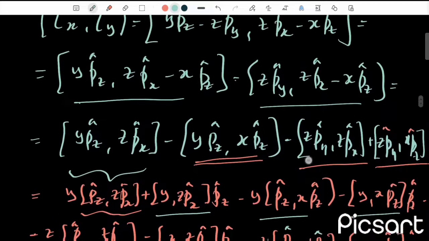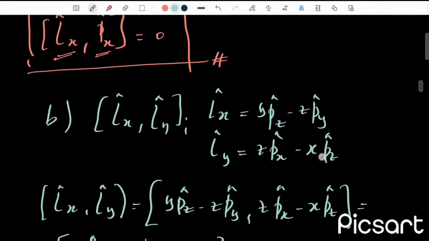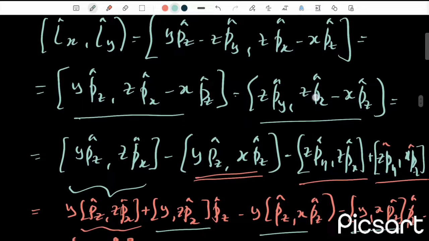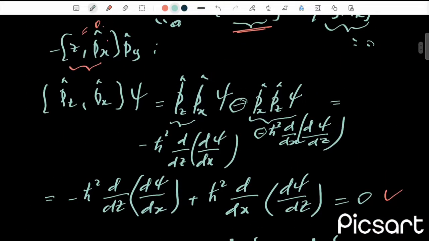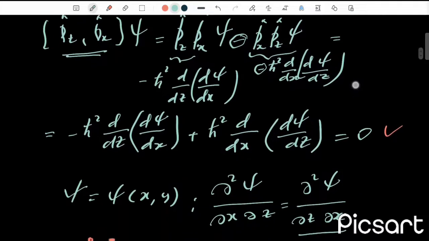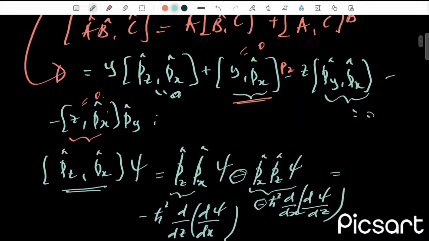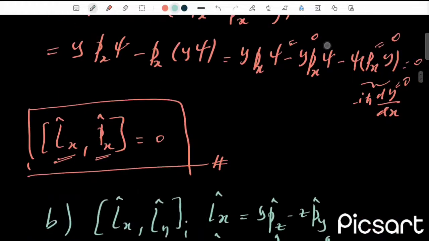As we have shown in the previous steps, different components of the linear momentum commute between them, and a component of linear momentum commutes with positions different from its own component.